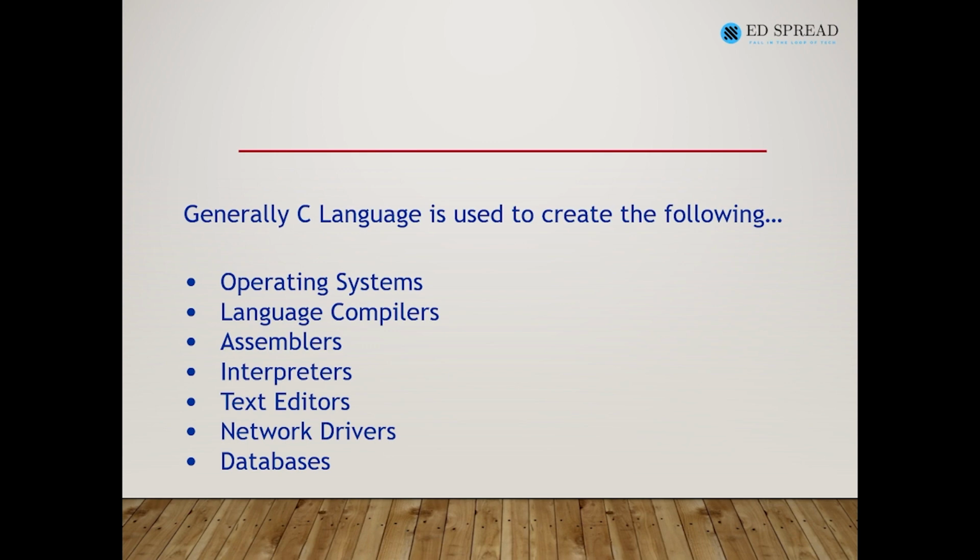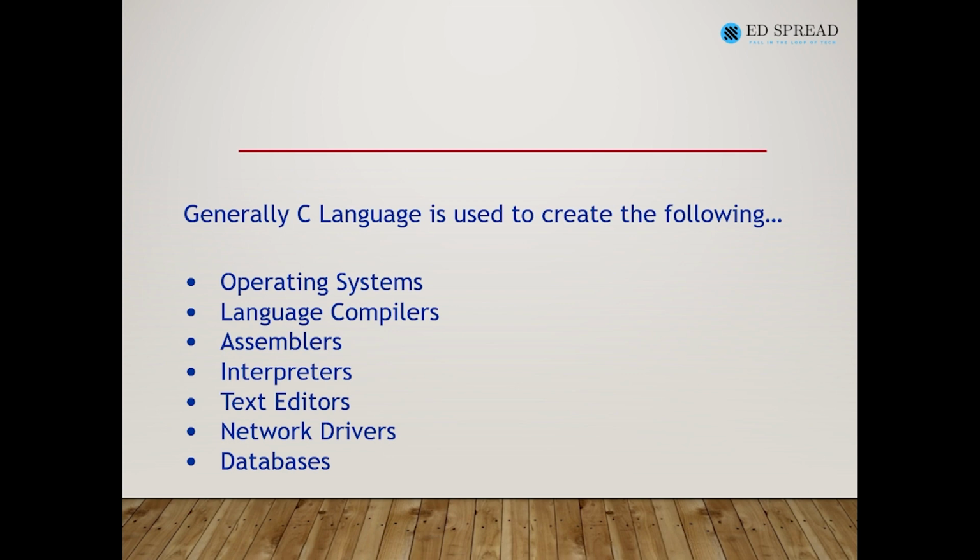An assembler is nothing but something that translates our code into machine level language. Interpreters, I told you. A text editor is a very small thing. As you know, you can open Notepad in your Windows operating system and write code there.